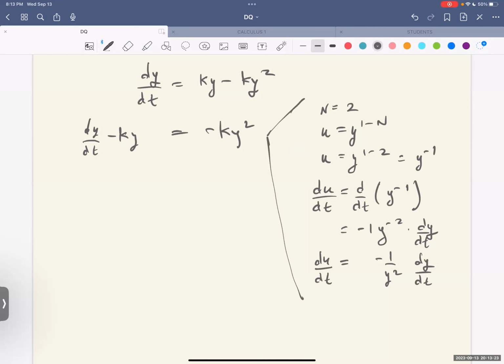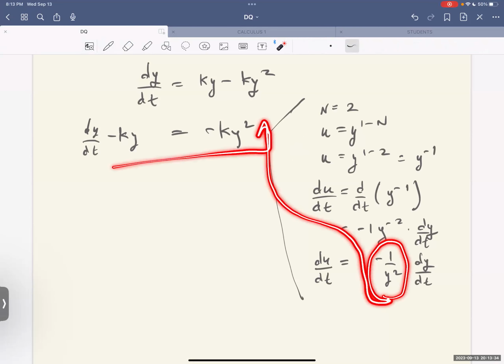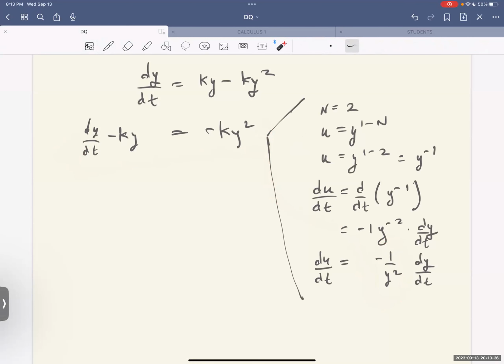Okay, then let's work through what we do next. You take this thing, negative 1 over y squared, and you multiply it on this side of the equation, and you multiply it on that side. Let's not rewrite it, let's just do this. The right side gets negative 1 over y squared.